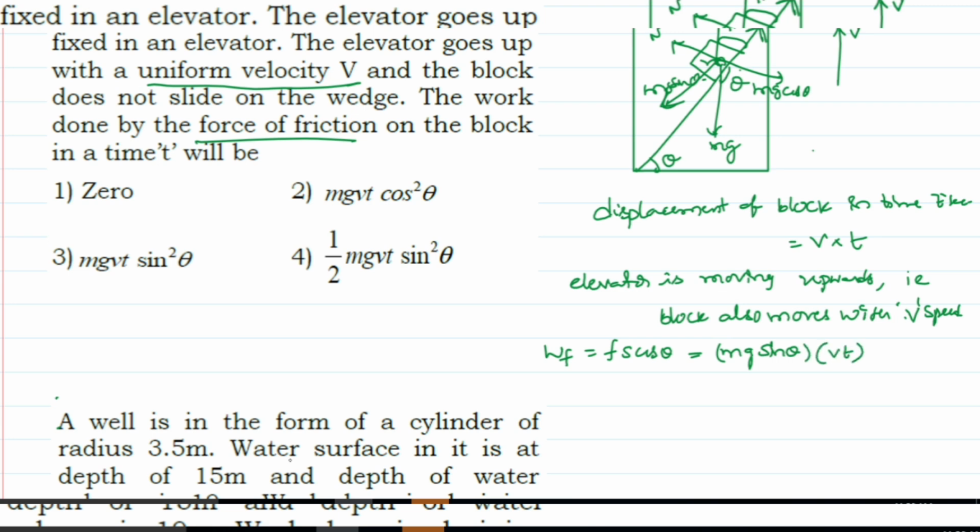The cos of 90 minus theta is sin theta, so sin theta into sin theta is sin square theta. So the work done by the frictional force is mg into v into t into sin square theta. This is the correct answer.